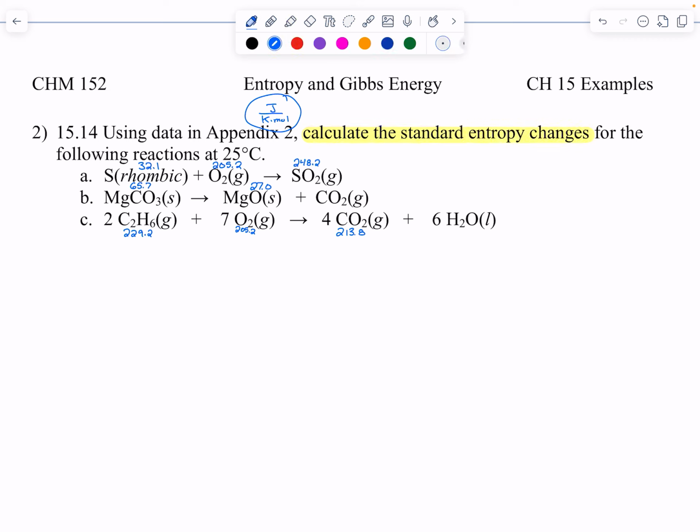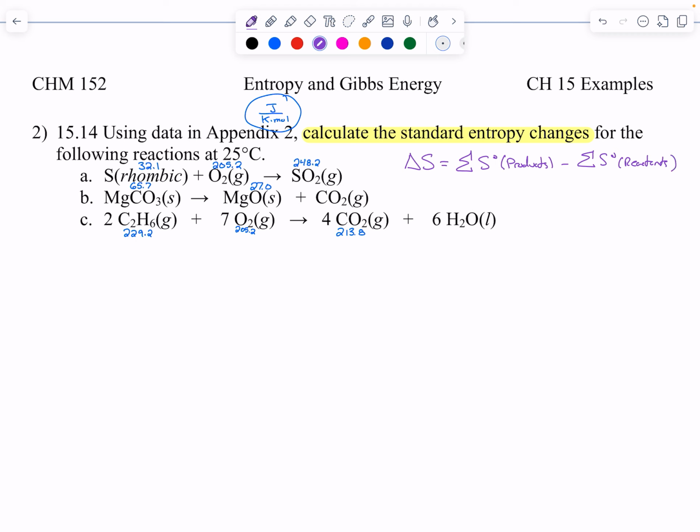And if we remember that delta S is equal to the sum of the standard entropies of the products minus the sum of the standard entropies of the reactants.